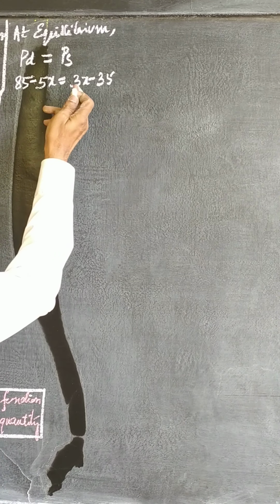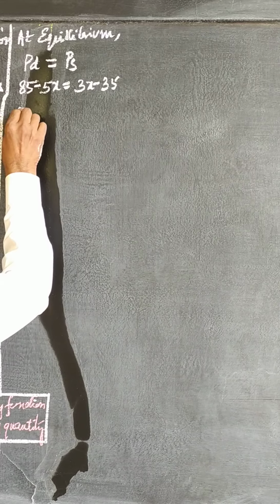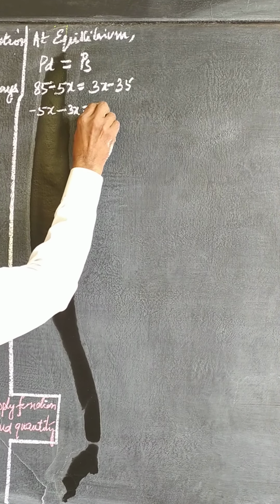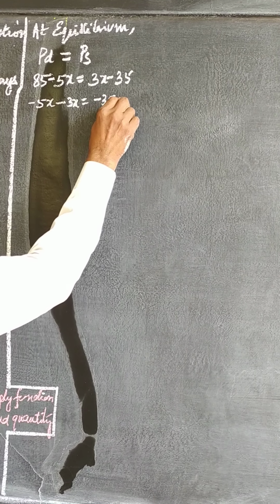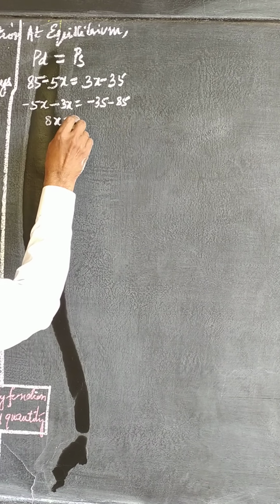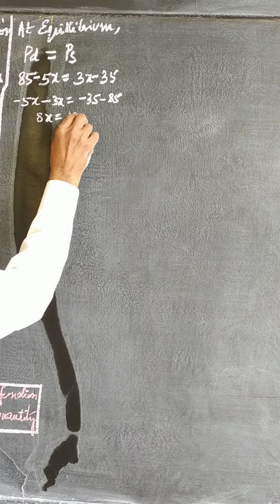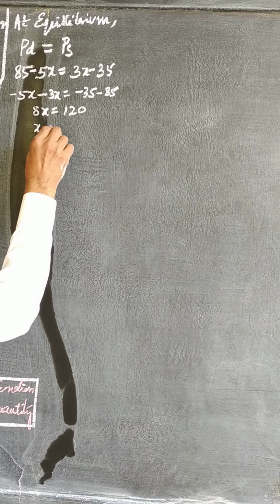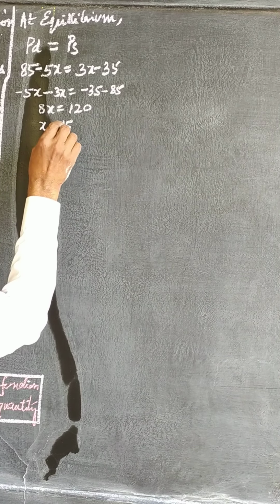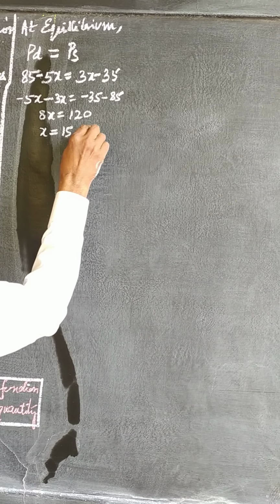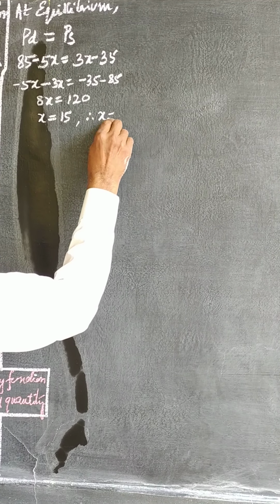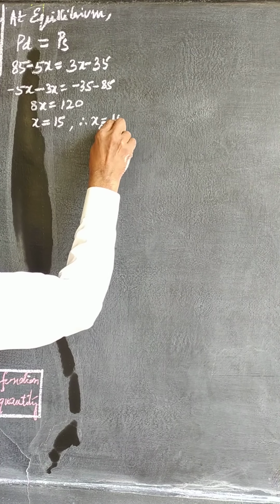Now x variables are taken together. 5x minus 3x is equal to minus 35 minus 85. So this becomes 8x is equal to 120. Therefore x is equal to 15. Now we can consider this x is equal to 15, therefore x naught is equal to 15.